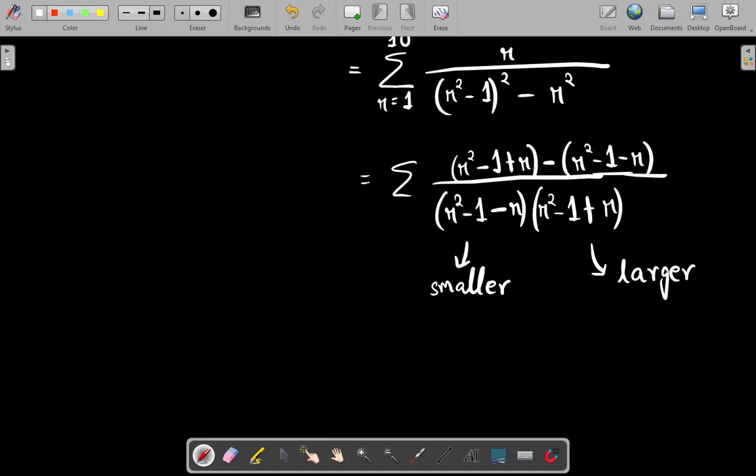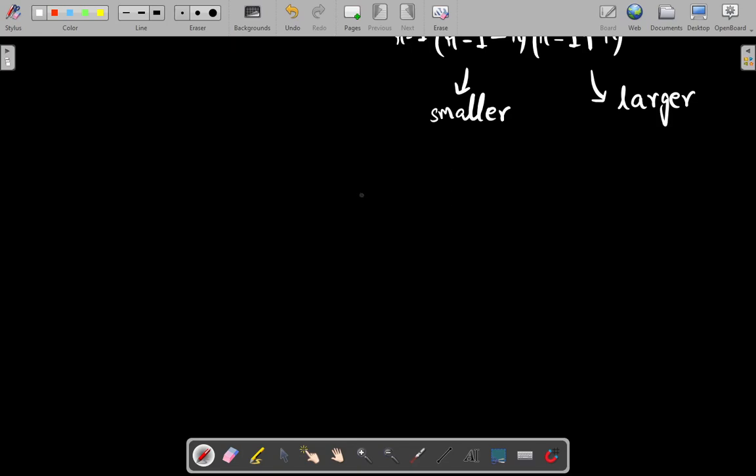If we open the bracket, r square minus 1 gets cancelled out and we are left with 2r, right? But we only have a single r here, so we have to divide this by 2. Now on separating them, half is there, r equal to 1 to 10.